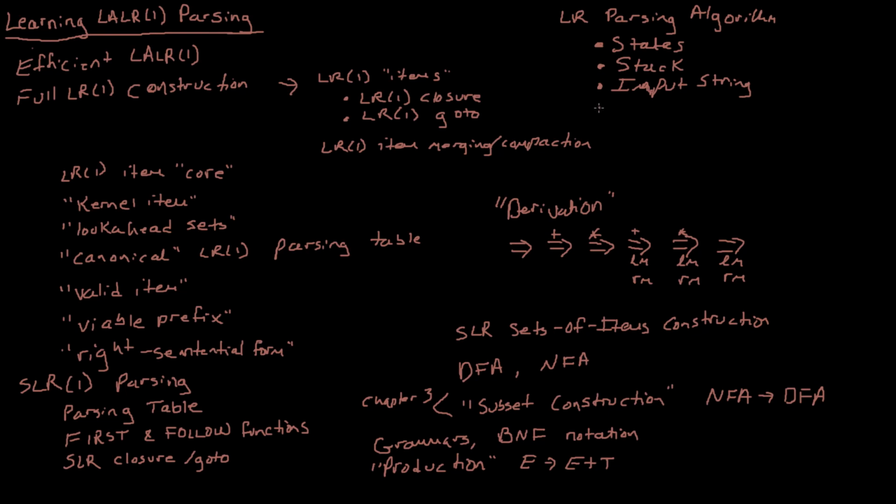And then building up the parsing table, which has actions and gotos in it. And that all feeds into the general concept of shift-reduce parsing, which all of these examples, LALR, LR, and SLR, are examples of.